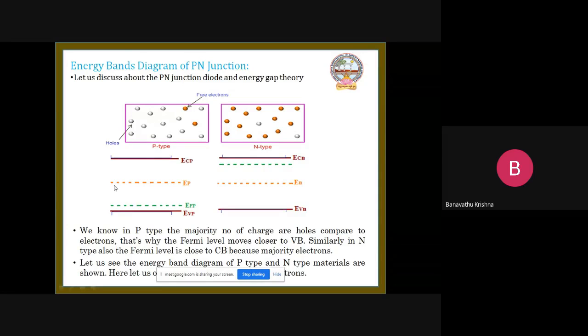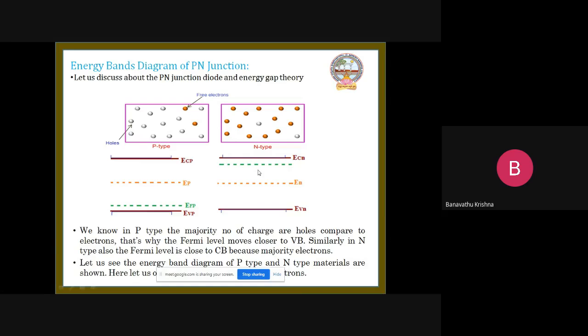This is the forbidden energy gap for the p-type semiconductor material. And here, this is the Fermi level, the energy of the Fermi level for p-type. It is located near to the valence band of p-type semiconductor material.